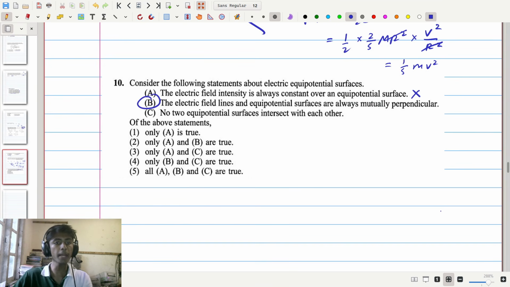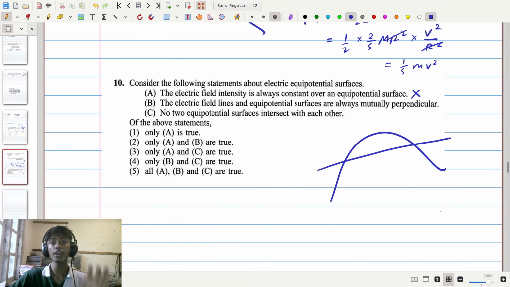Now moving on to statement B. Statement B says, the electric field lines and equipotential surfaces are always mutually perpendicular. Now the reason for this is that if they weren't perpendicular, if you had a surface like this and an electric field line like this, you would run into contradictions. To explain the contradiction, let's consider these 2 points. I'm going to call their potentials V1 and V2.